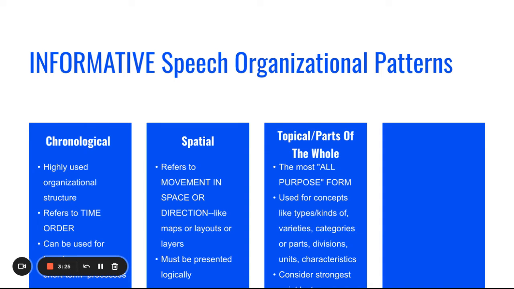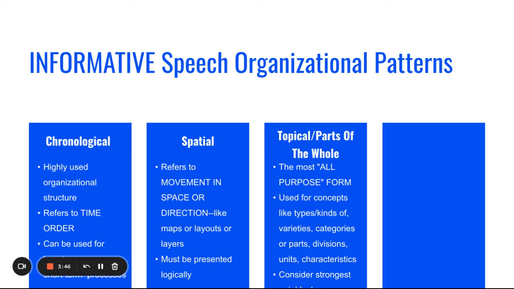Topical is probably what you're going to do the most. It's pretty appropriate for most all of your speech topics. It's where you can organize concepts like types, kinds, varieties, categories, or parts. And you would make sure you have the strongest topic in the beginning, your first point, and or last point.